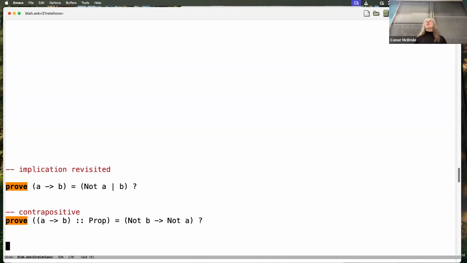That's to say, the implication either holds because the premise is false, in which case it's what we call vacuously satisfied, or because the conclusion's true anyway. So let's prove that.